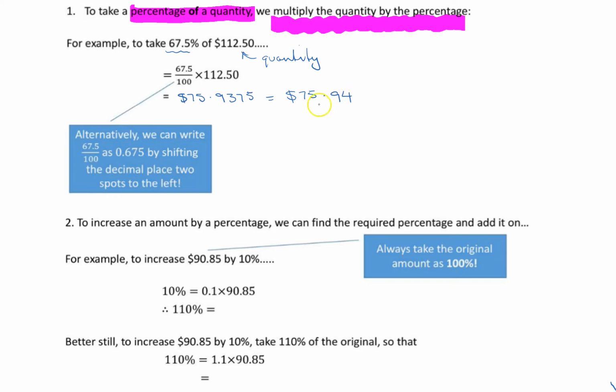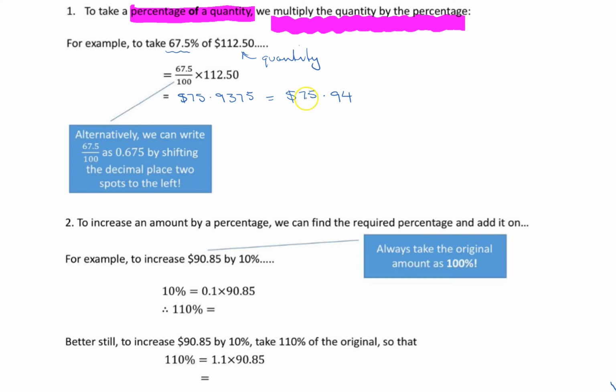And we've got our 67.5% of 112.5. Try to think about the sizes of these. 67%, well, it's a bit more than half. It's not 3/4. So a bit more than half of 112.